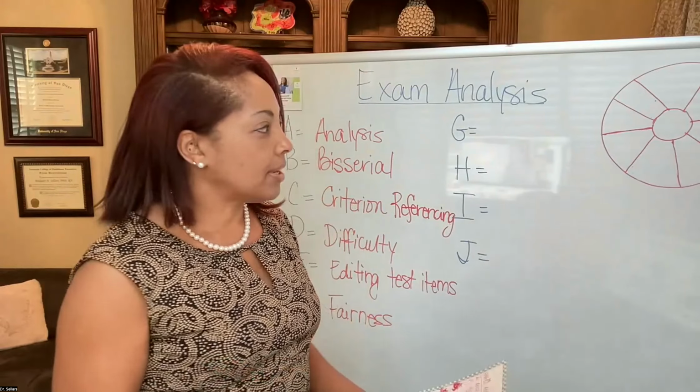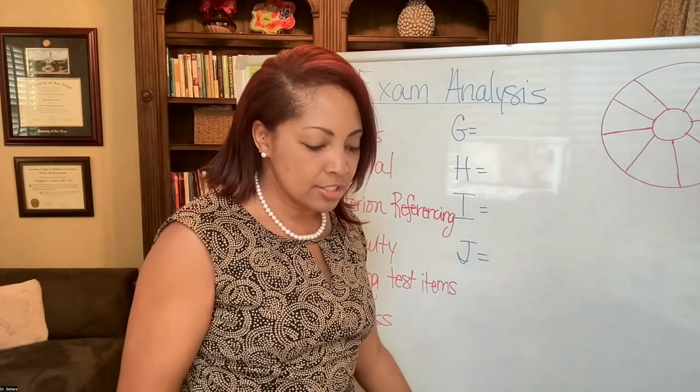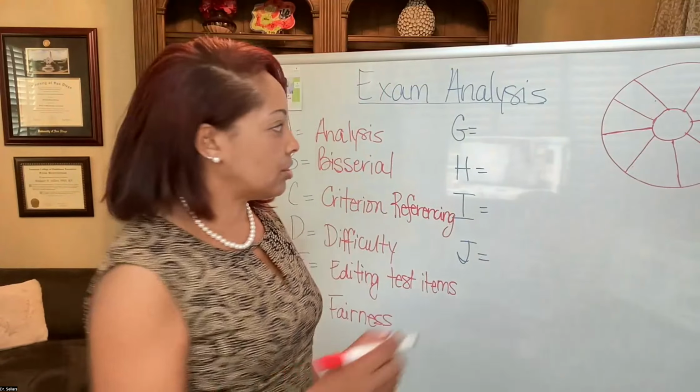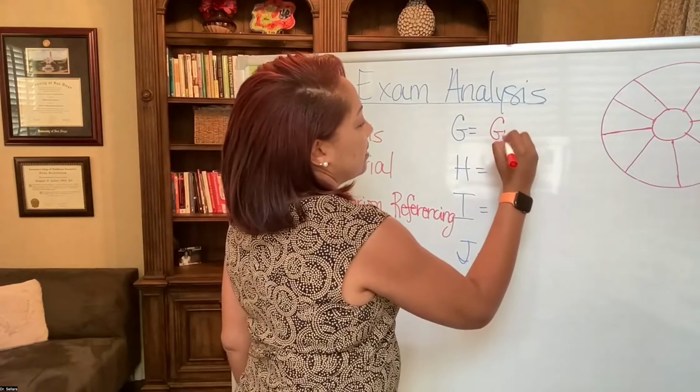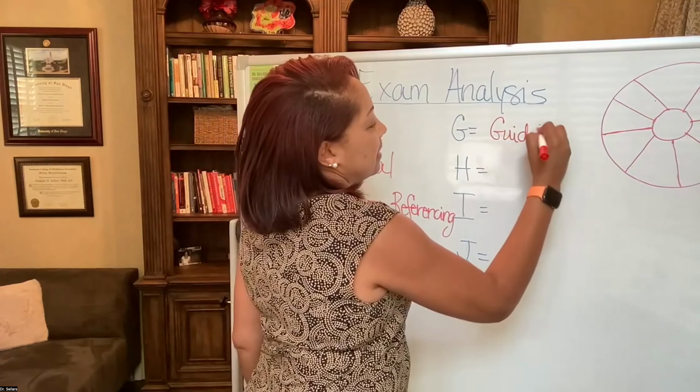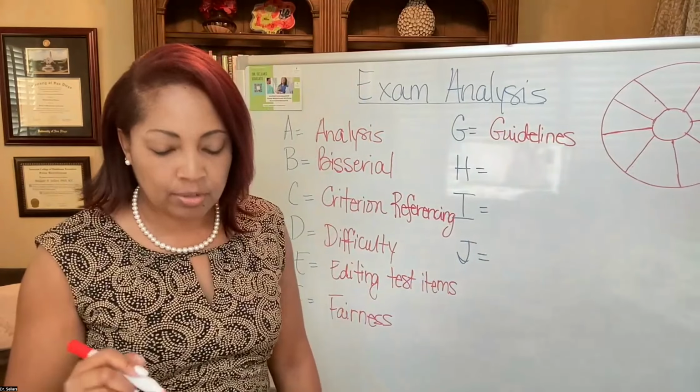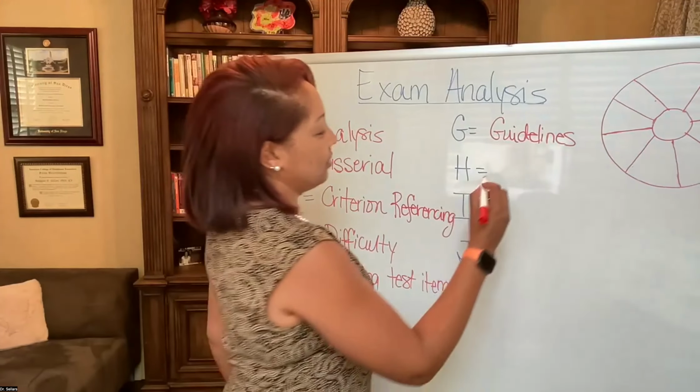All right, so now we're already up to G. So G, if you guessed guidelines and writing effective test questions, you are correct. So G was for guidelines. And then H, if you wrote down or guessed high stakes testing, you are correct.